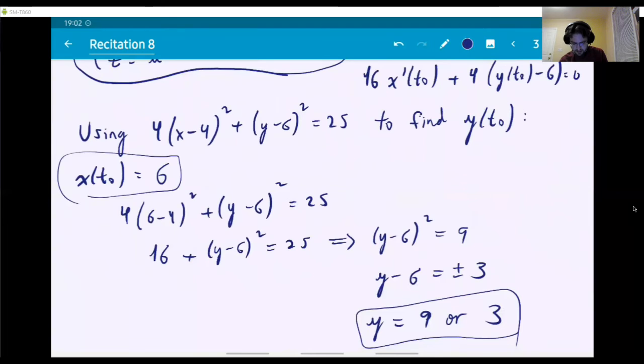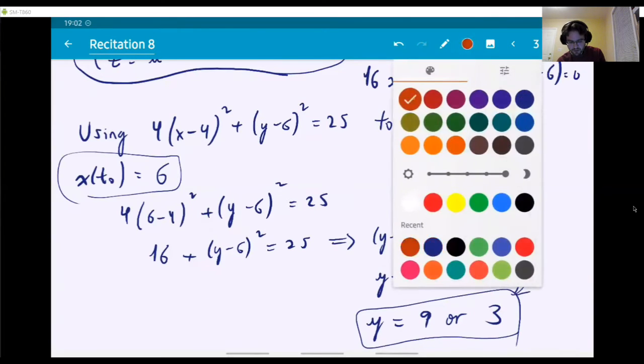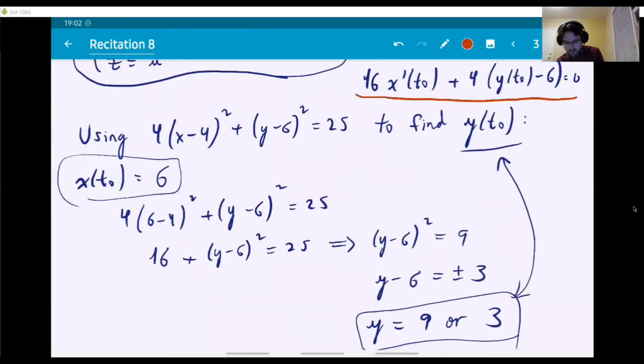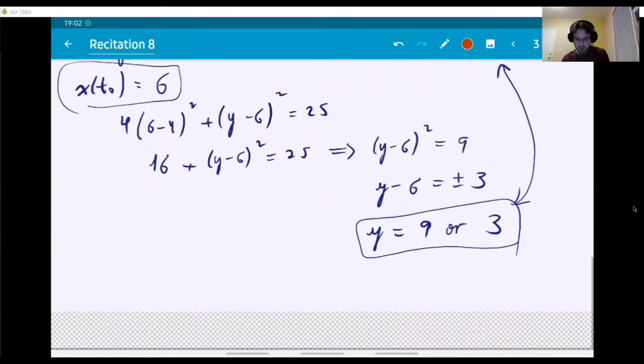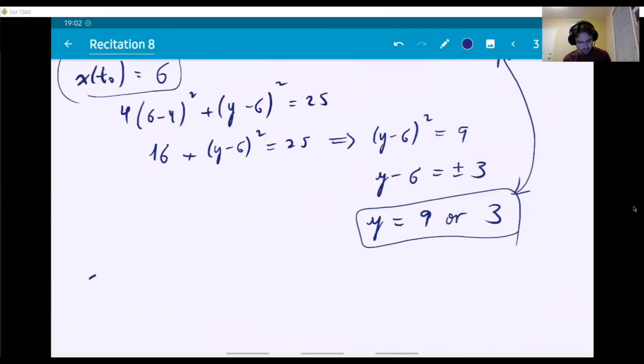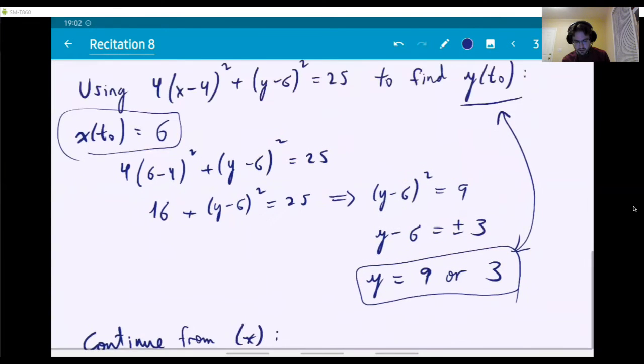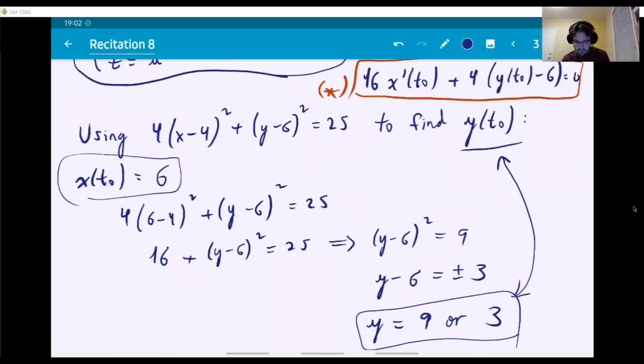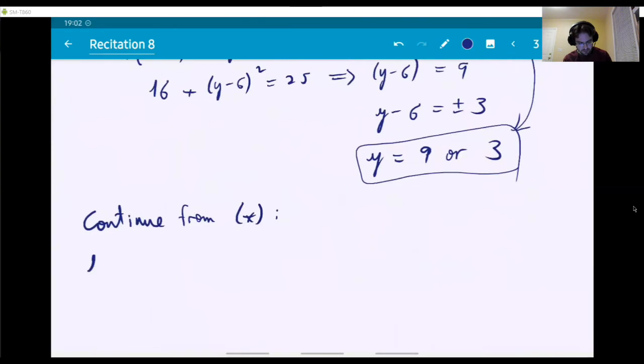So let's just remember that this is y(t0), 9 or 3. This is all that we needed to go back now to the original equation that we found after differentiating. So let me denote this special equation here by star and then continue from star above, which said, once again, 16x' + 4(y - 6) = 0.